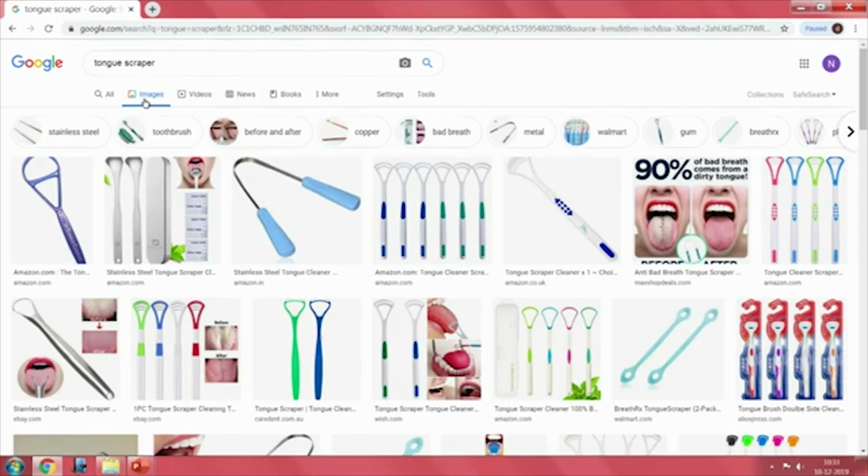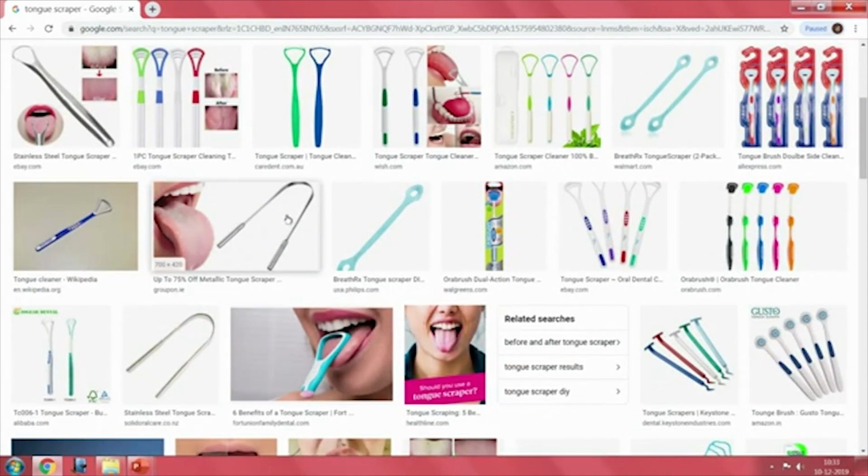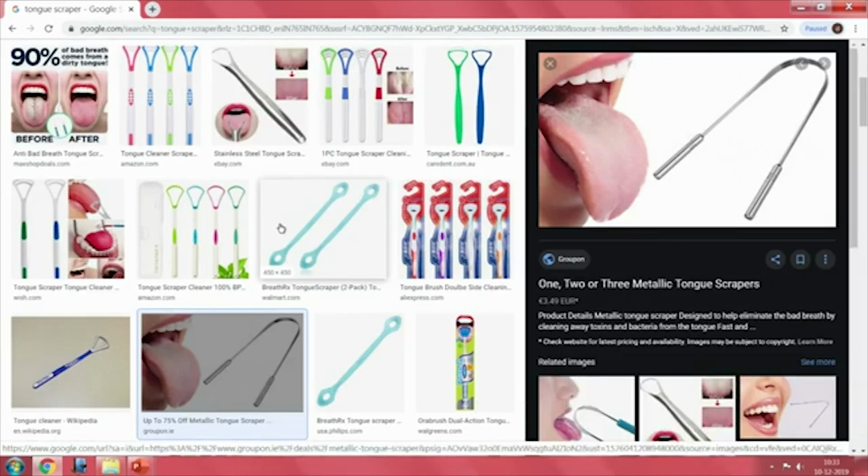What I have shown you is a variant like this, which is able to be used, but now this starts to be a metallic object.